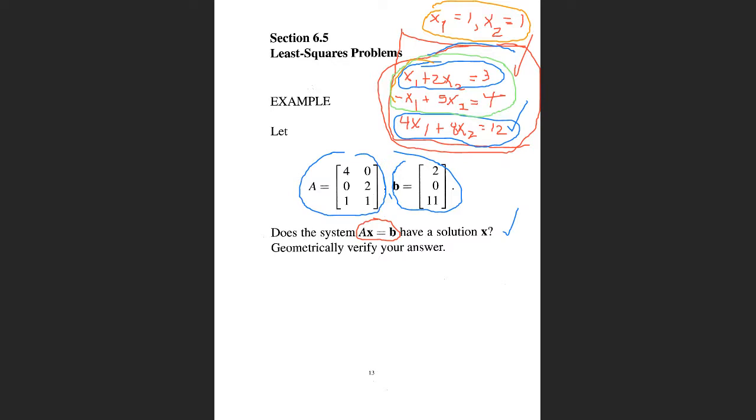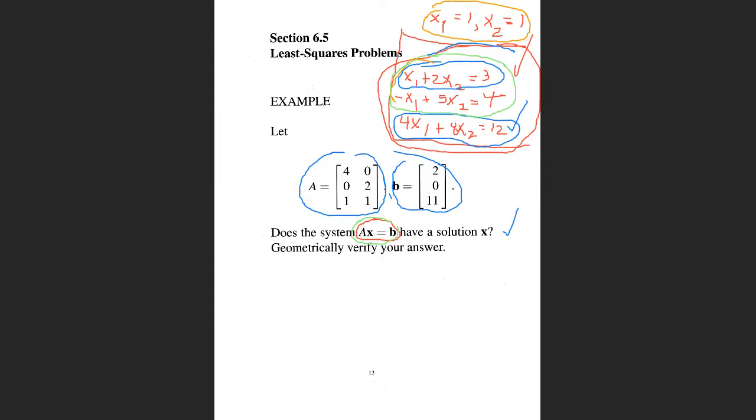Okay, so the reason I'm mentioning this, and I'm glad I did because we had a good discussion, is that in our situation, the system AX equals B is a system of three equations with two unknowns, but it could have a solution. You can't think just because you have more equations than unknowns that you have an inconsistent system or a free variable.